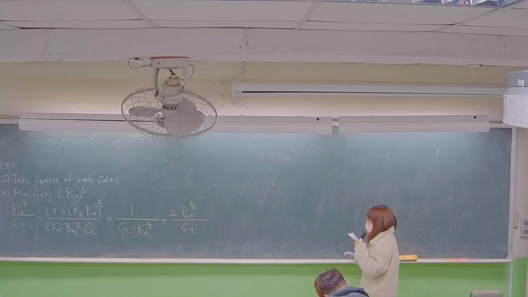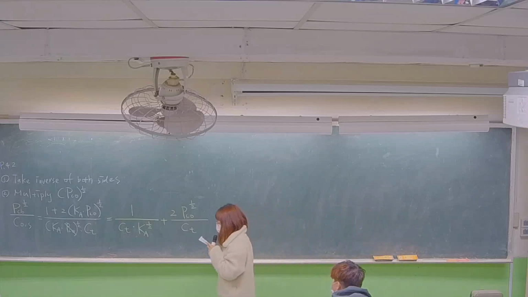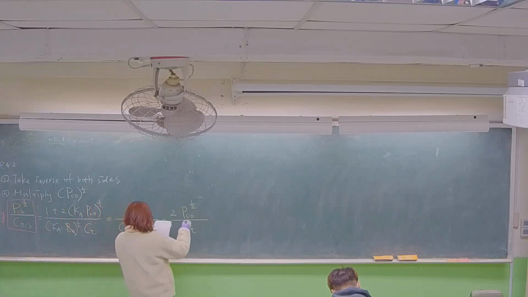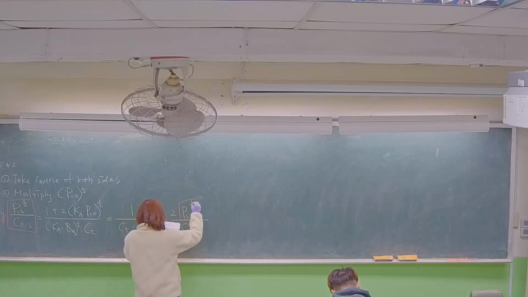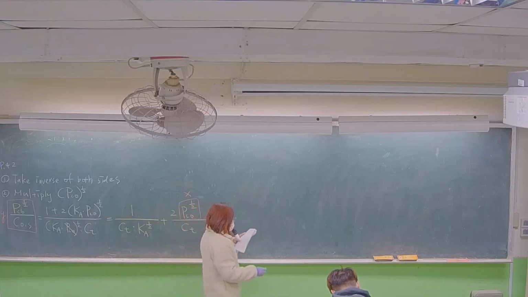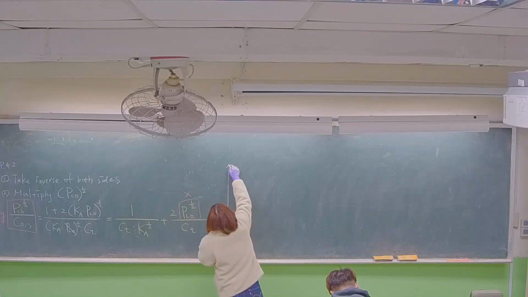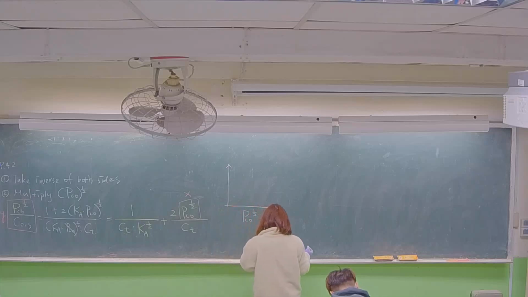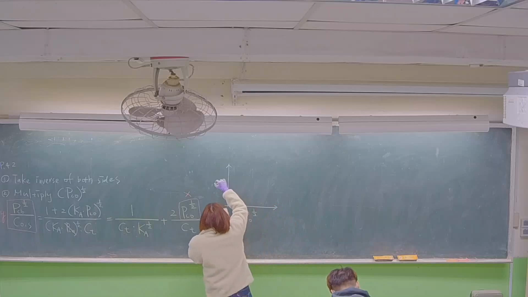So what is the x, what is the y? Okay, so now we choose this one as y, and then we choose this one as x. Okay, so let's have another figure. X is PCO square root.